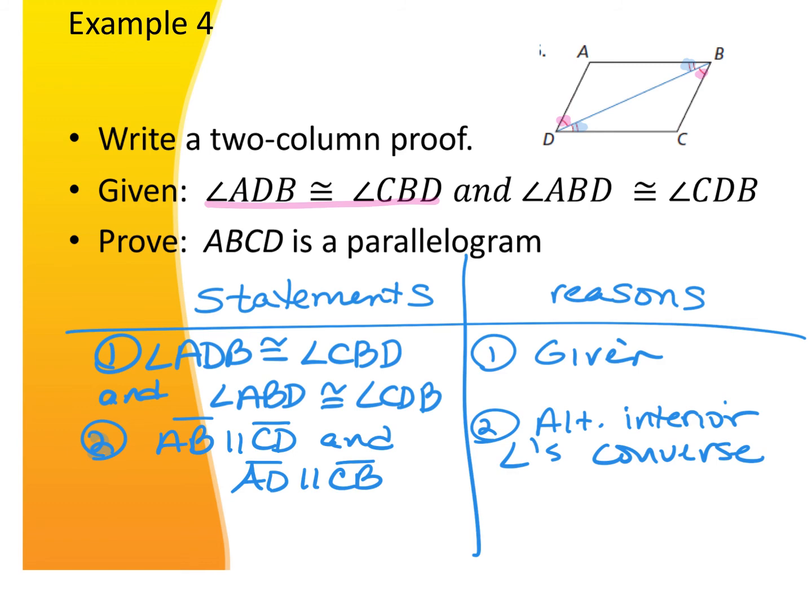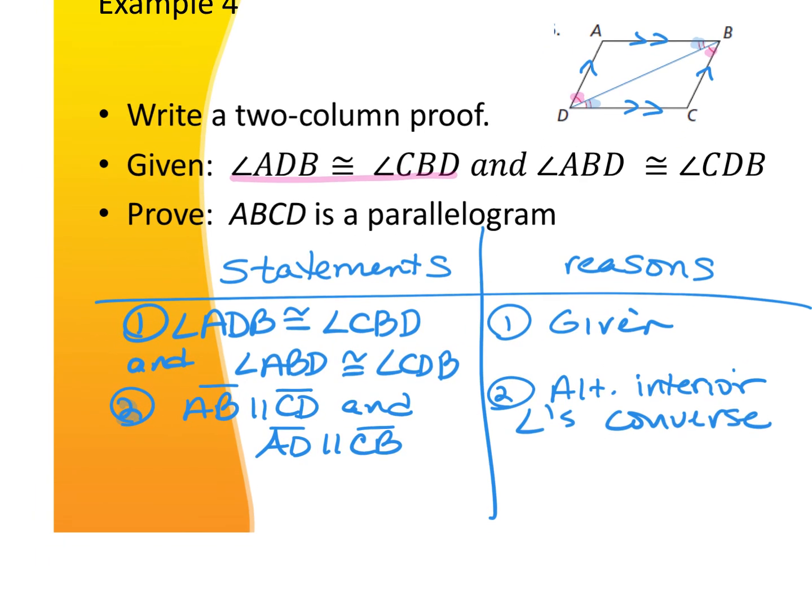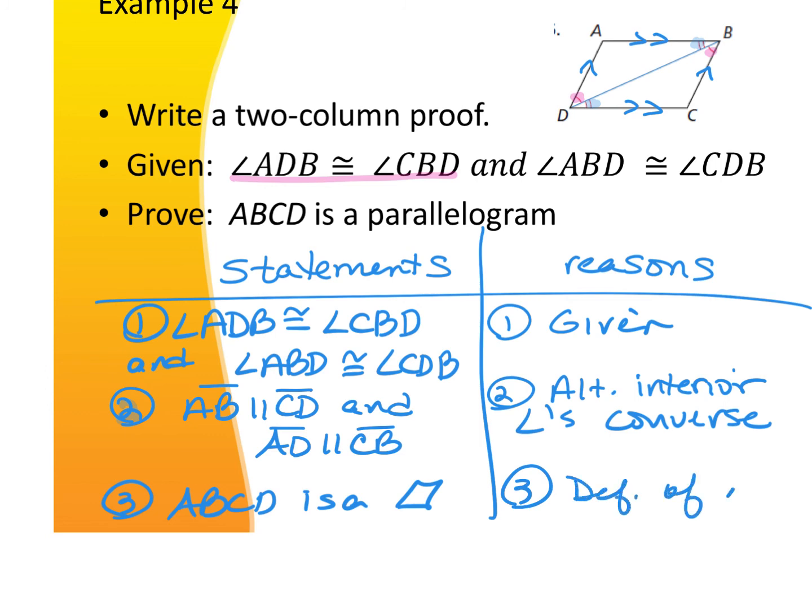Now that I can add in my parallel marks, AD parallel to BC and AB parallel to DC, I can state that ABCD is a parallelogram. ABCD is a parallelogram by the definition of a parallelogram, because both pairs of opposite sides in my quadrilateral are parallel.